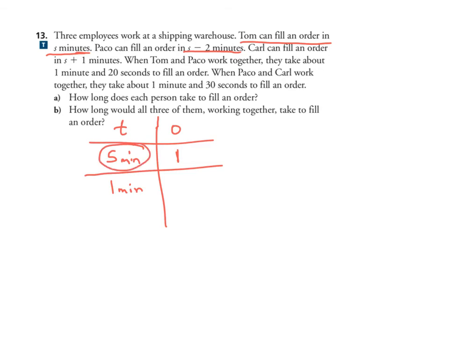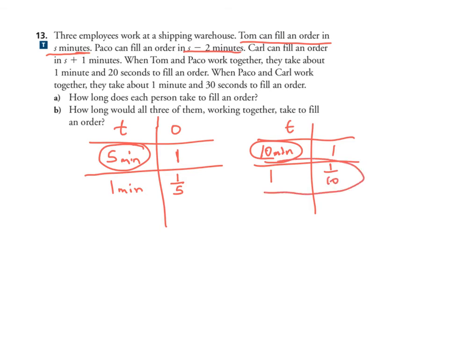I only have 1/5 of the time, so I could do 1/5 of an order. If it takes me 10 minutes to do 1 order, so I'm even slower, well, if I only have 1 minute, I can only do 1/10 of an order.